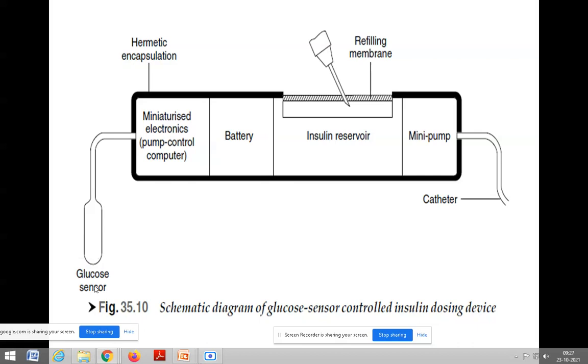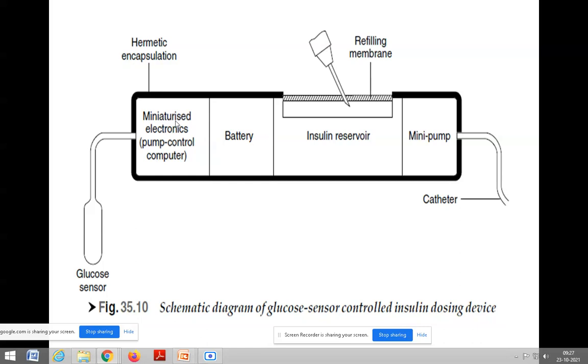You have a glucose sensor, which measures the glucose level of your body, and then it is sent to the controlling device. Here you have the pump control computer, called the miniaturized electronics, and then a battery, and then the insulin reservoir, and the mini pump, which helps the catheter to inject insulin into the body.